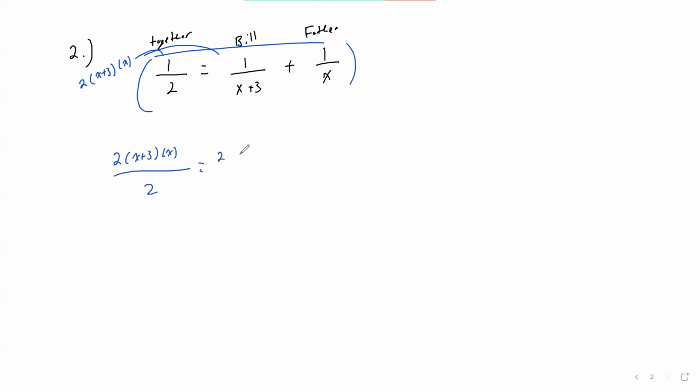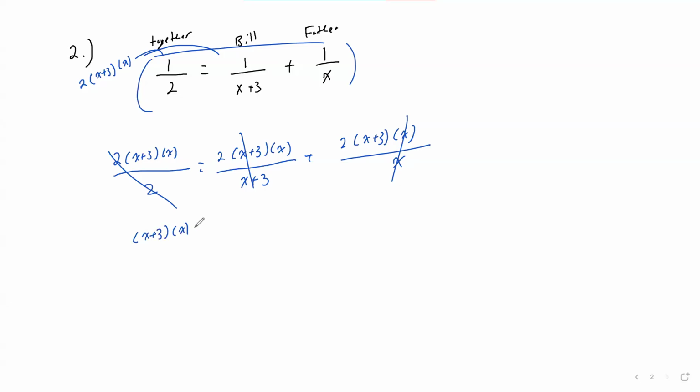And then I get 2 times x plus 3 times x over x plus 3, plus 2 times x plus 3 times x over x. This will cancel, and this will cancel. So now I have x plus 3 times x, 2 times x, and 2 times x plus 3.